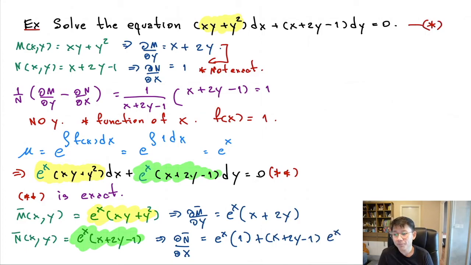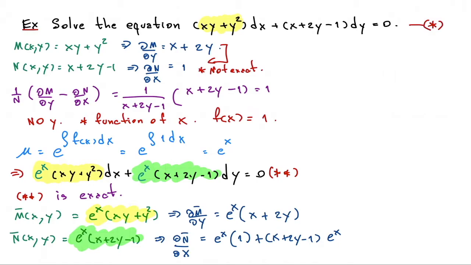Okay, so what I have here, I'll pull e to the x out. So I have 1 plus x plus 2y minus 1. And this 1 got cancelled out. So we can see that this guy and this guy are equal.